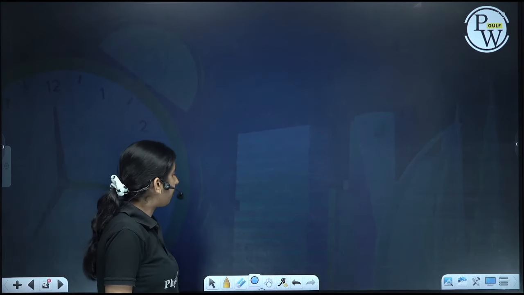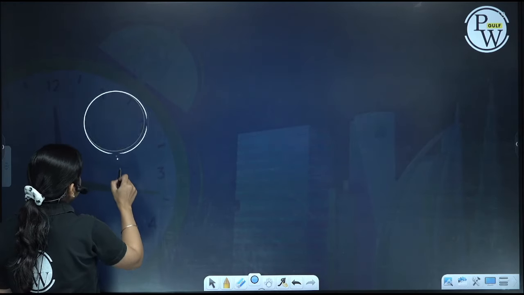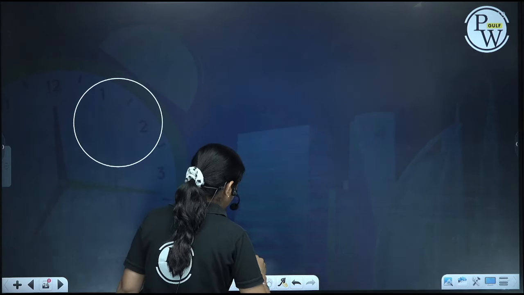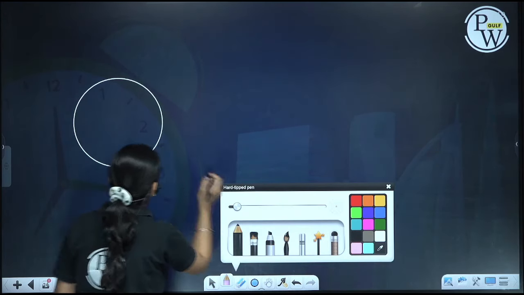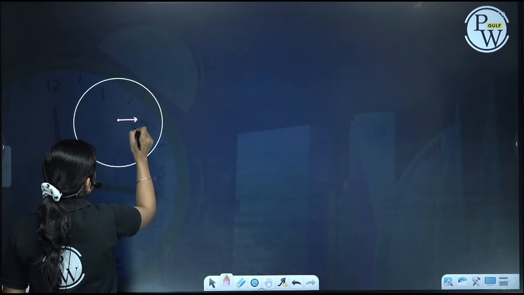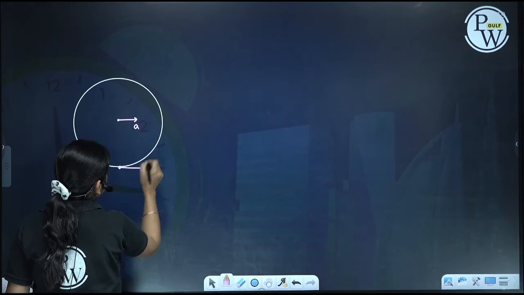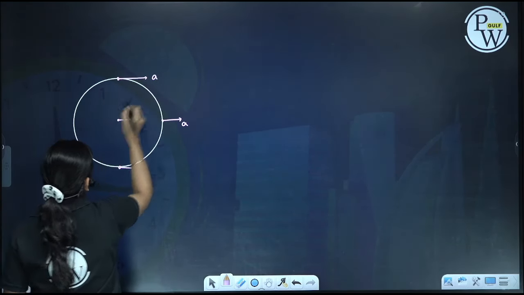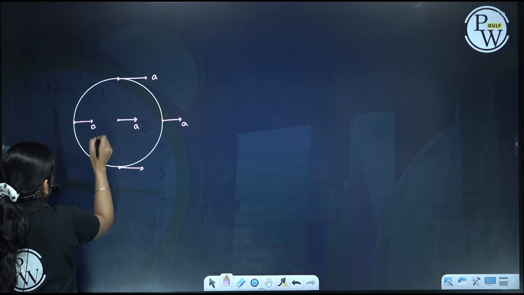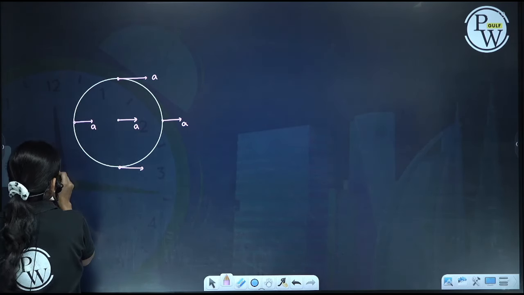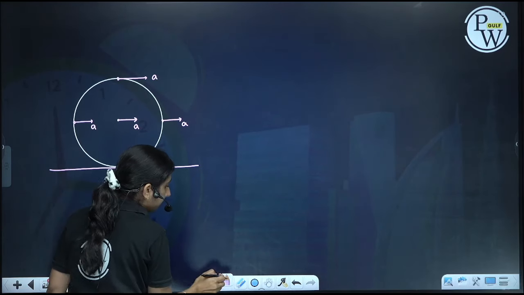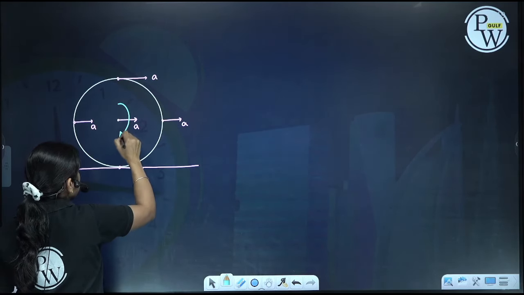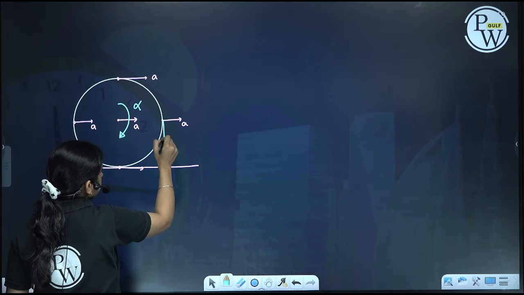Now what if my body is accelerating? Now if the body is accelerating forward with acceleration a, every point will have the acceleration a in the forward direction. Also simultaneously it is rotating with angular acceleration alpha.